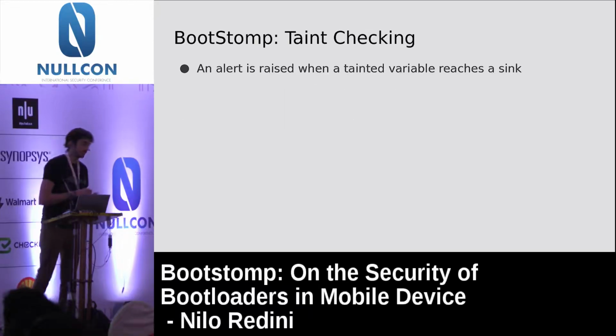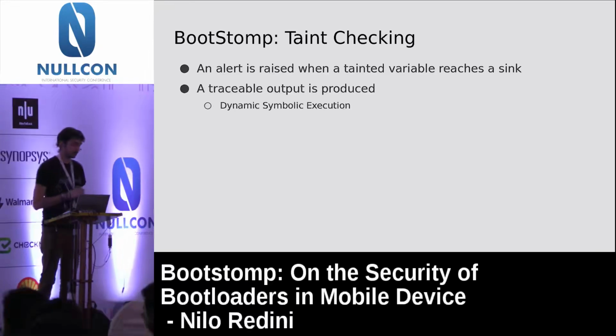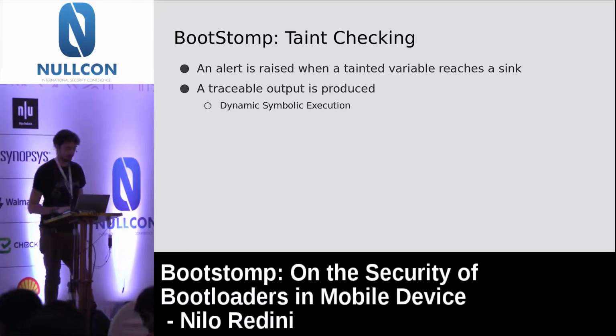Every time some tainted data reaches some sink, an alert is raised. Along with it, a traceable output, as I mentioned before, is produced, which means that, as we will see at the end of this presentation, BootStomp produces each address for each basic block traversed from the beginning of the function to the sink of taint.